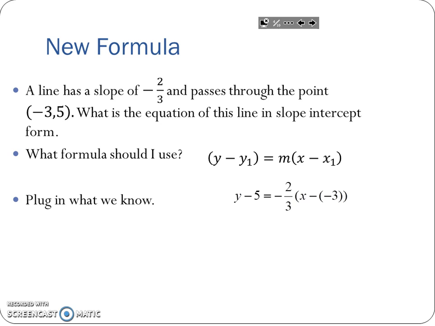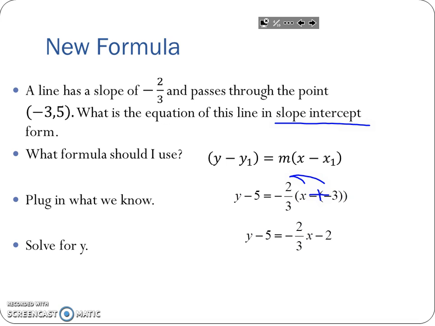Now, they said that they want our final answer in slope-intercept form. So I'm just going to try and get y by itself. The first thing that I should do is realize that two negatives make a positive, so that's an x plus 3. Then I'm going to distribute my negative 2/3 in. So when I do that, I have a negative 2/3 x, and then since that was a positive 3, I've got negative 2/3 times a positive 3.